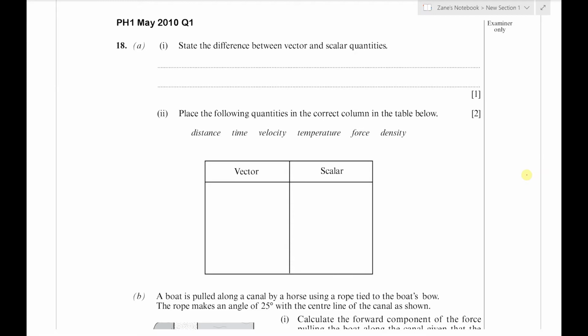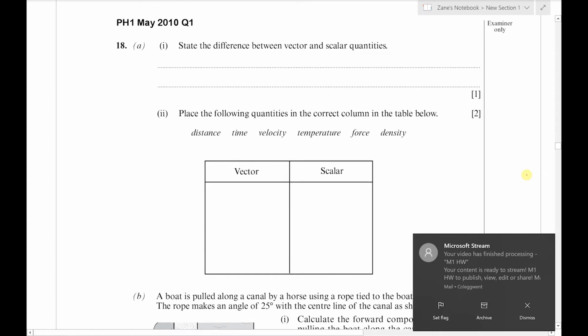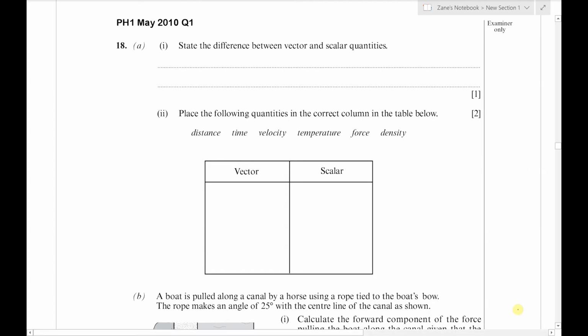This is Unit 1 May 2010 and it was the first question on the paper, and it's a basic vectors and scalars type question. The first part of the question asks us to state the difference between vector and scalar quantities. Well, we should know that vectors have size and direction, whereas scalars only have a size.